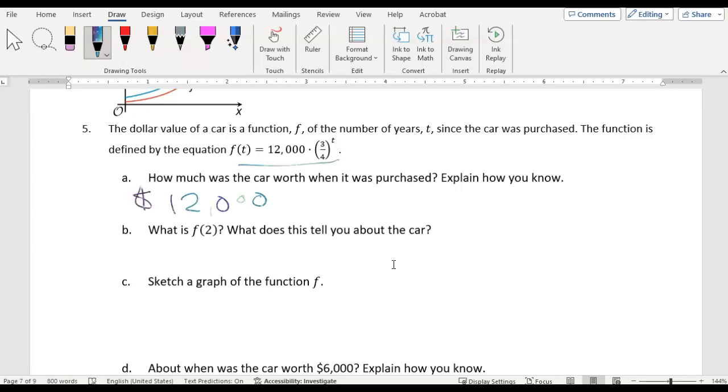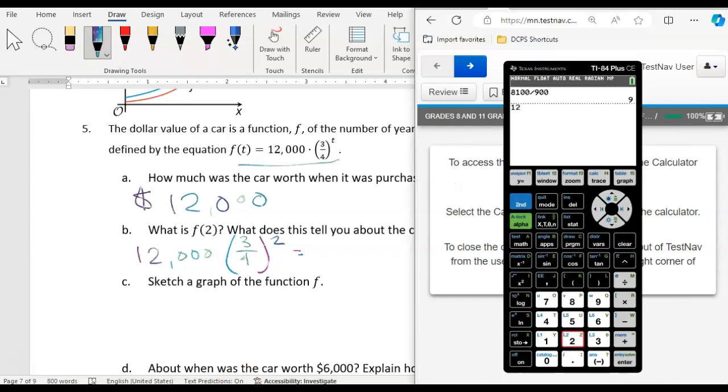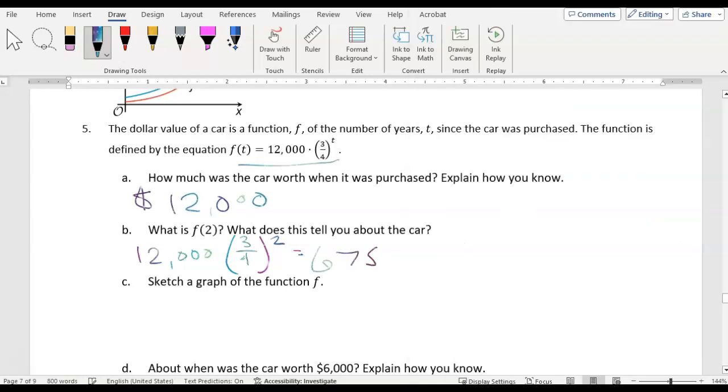What is f of 2, and what does this tell you about the car? So we're doing 12,000 times 3/4 to the power of 2, or squared, equals. And so let's go ahead and calculate that. I'm going to do 12,000 times 3/4. You could also write that as 0.75 if you like, to the power of 2 gives us 6750.